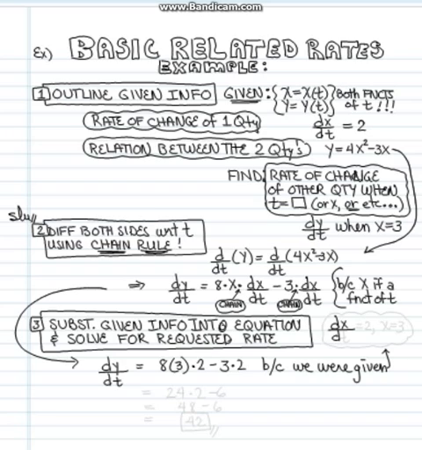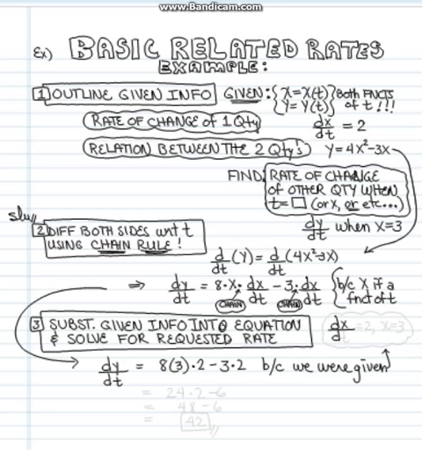We're trying to find, remember back in step 1, dy/dt. We were given a value for dx/dt. They told us in step 1 it was equal to 2. We were also given a value for x. They told us it was equal to 3. We're going to plug those values in and then isolate dy/dt for our final answer.